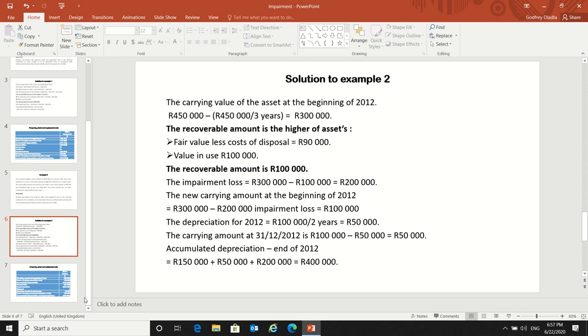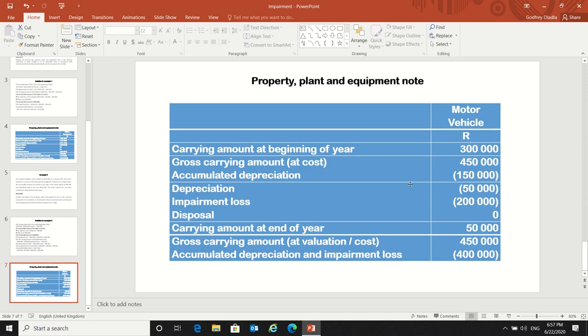Let's then check the note, how it looks. We bought something at 450, depreciated it in 2011, and have a balance of 300. The depreciation is okay. Just to take it through the right process. Since the carrying amount is 300, you've got an impairment loss of 200. If you minus that 200 from the 300,000 carrying amount, do you see it becomes 100?